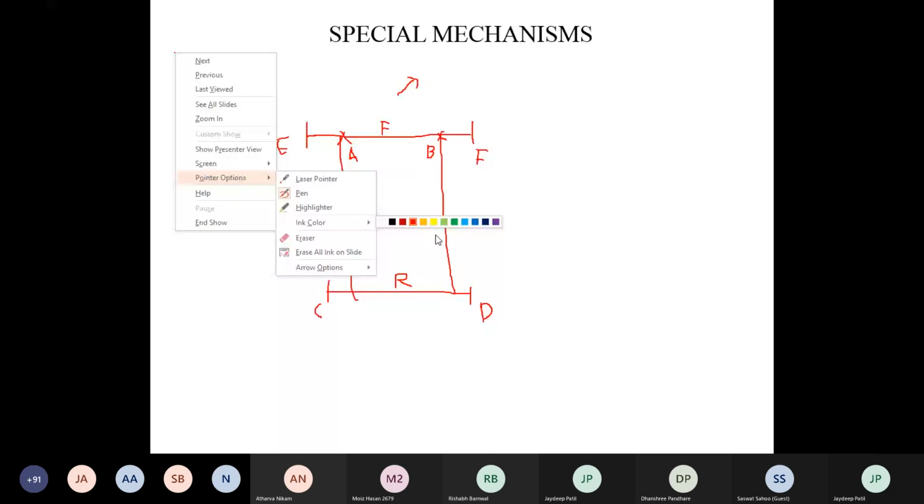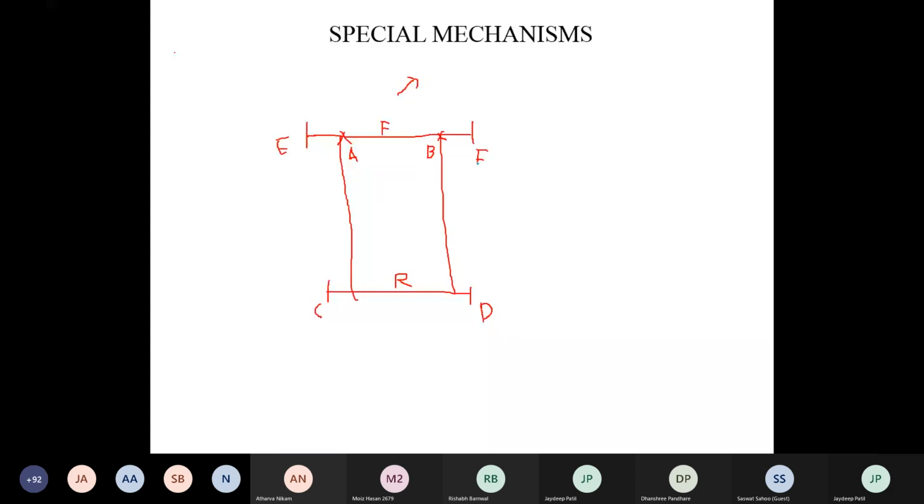Now suppose the vehicle is taking a right turn. The stub axles BF and AE turn towards the right-hand side, and the new positions of the front wheels are F dash and E dash. This wheel F turns at an angle theta.